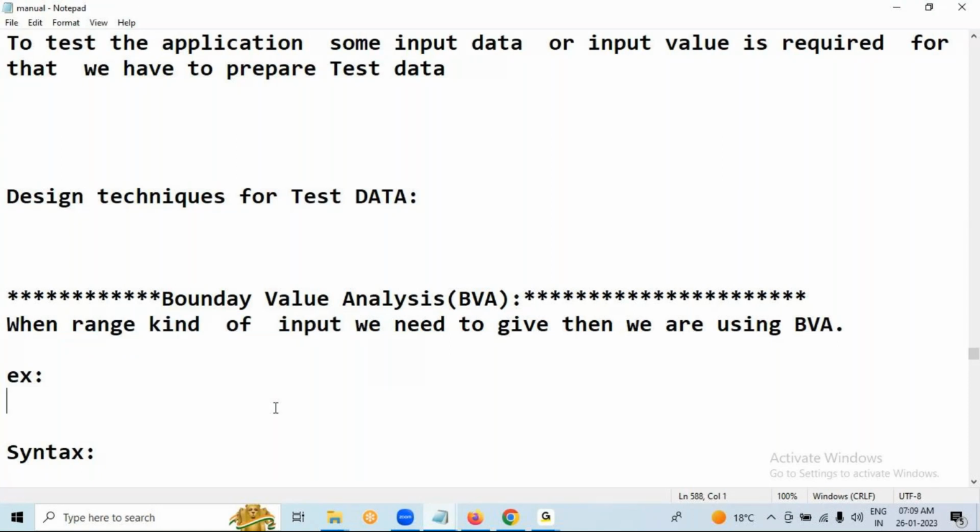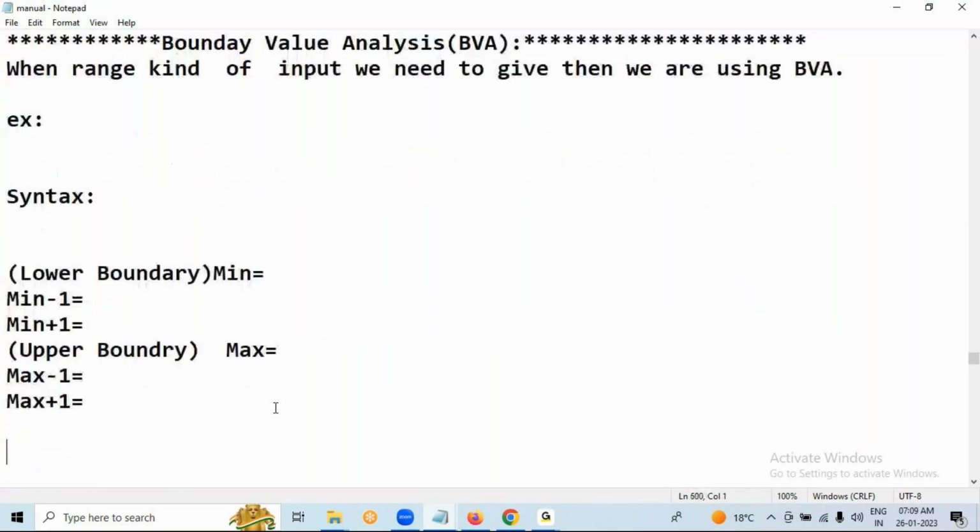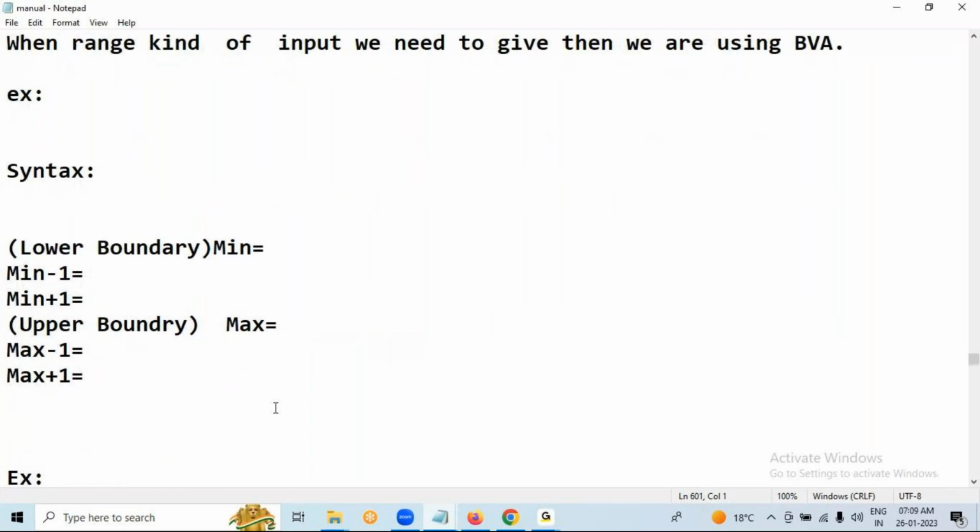Range kind of input means what? For example, this is the syntax: minimum, minimum minus 1, minimum plus 1, maximum, maximum minus 1, and maximum plus 1.